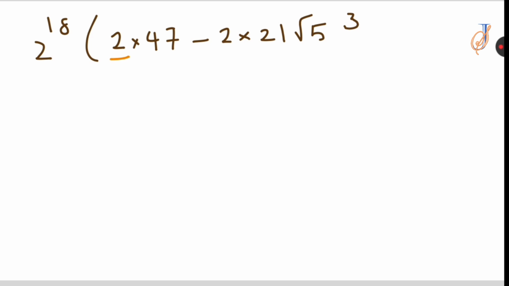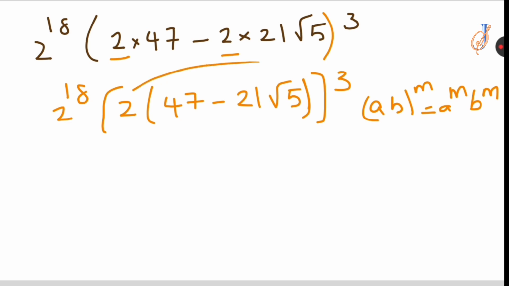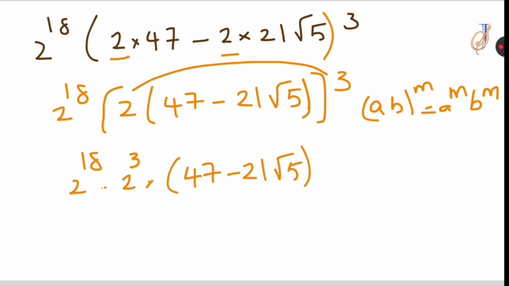And here we have 2 and here we have 2. Let's take 2 as common. So then you are left with (47 minus 21 root 5) whole raised to the power of 3. After splitting this we can get 2 raised to the power of 3 times (47 minus 21 root 5) whole raised to the power of 3.